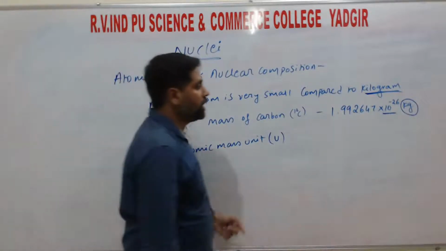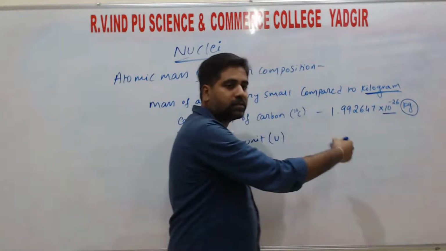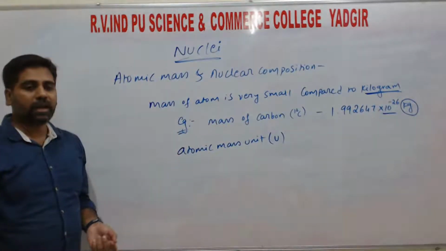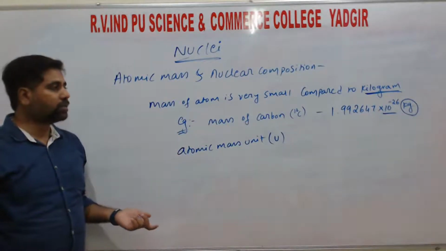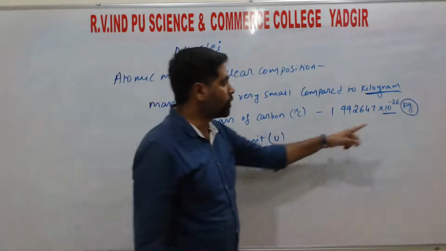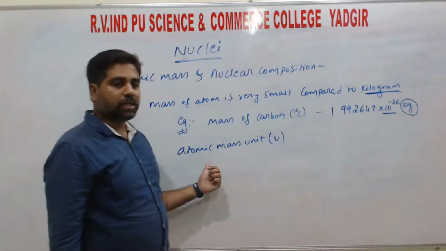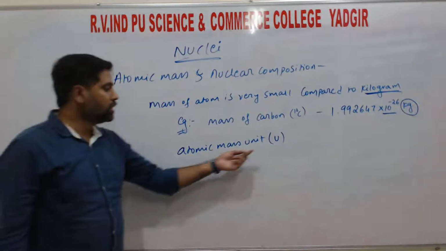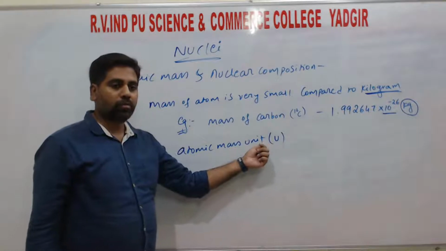Every time we would need to write 10 to the power of minus 27 and so on, right? So for that reason we change the system of unit from kg to the atomic mass unit, which is denoted by U.